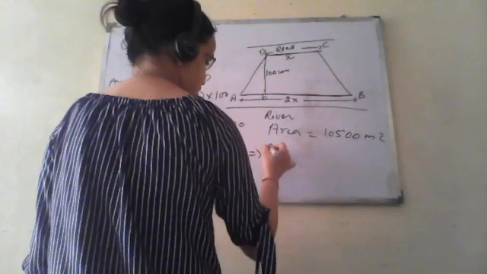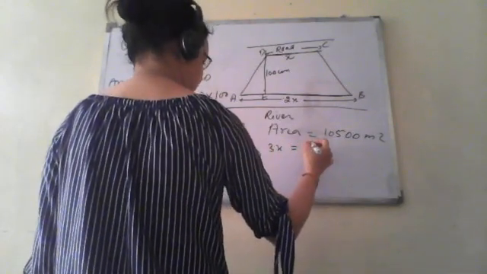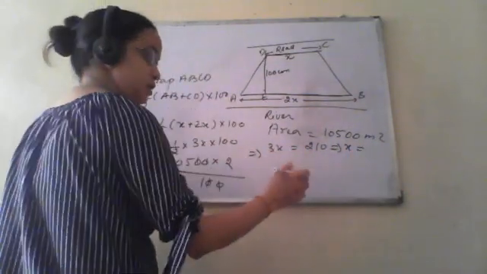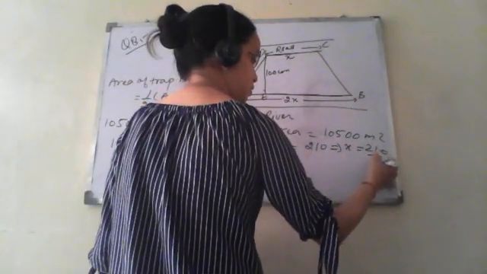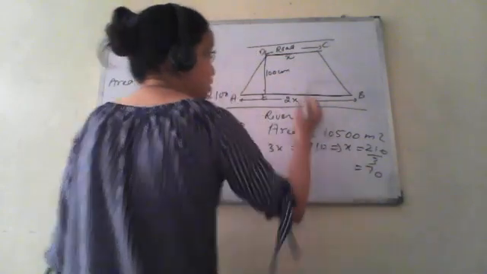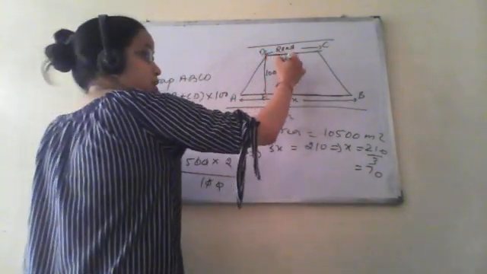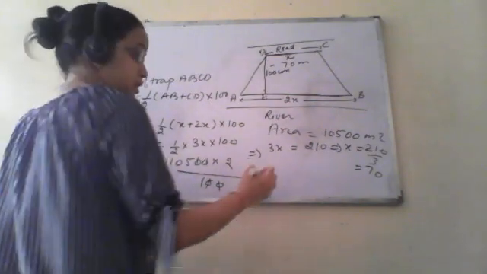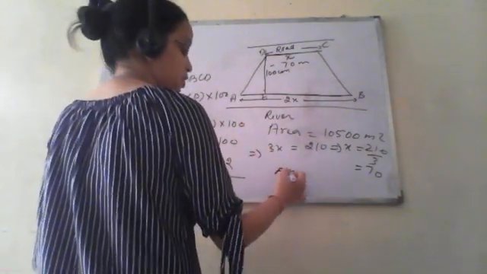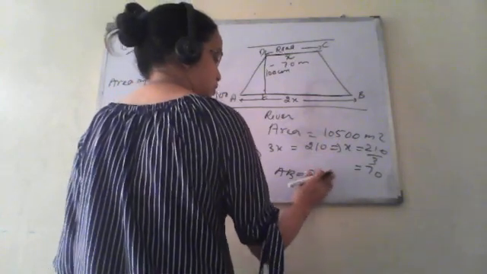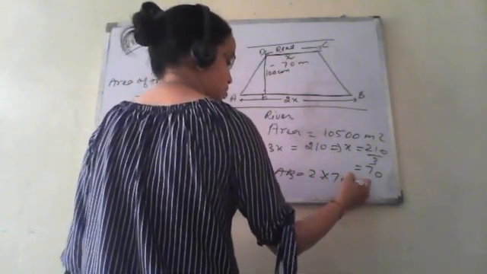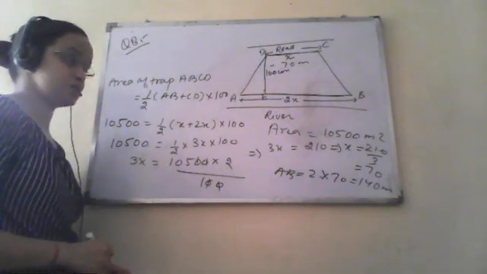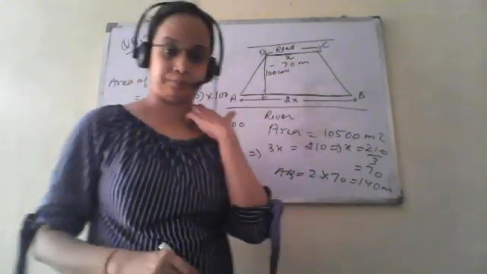So this is 3x equals 210 and x will be equal to 210 upon 3, that is 70. So this road side length will be 70 meter and the river side length will be twice of that. So AB will be 2 into 70, that comes out to be 140 meters. So this was the length of the side which is along the river.